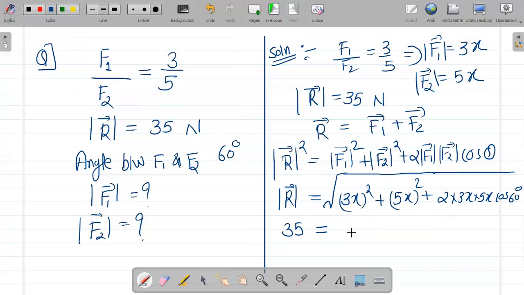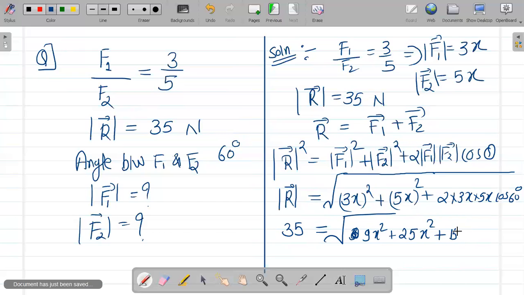So we have to solve this. This will become under root of (3x) square, so 3x square will become 9x square, plus 25x square, plus 30x square times cos 60 degree, which will be 1 by 2.